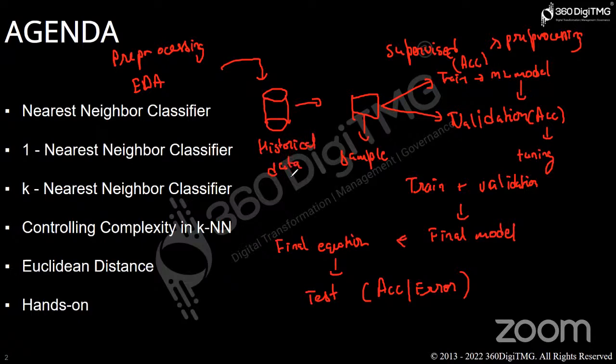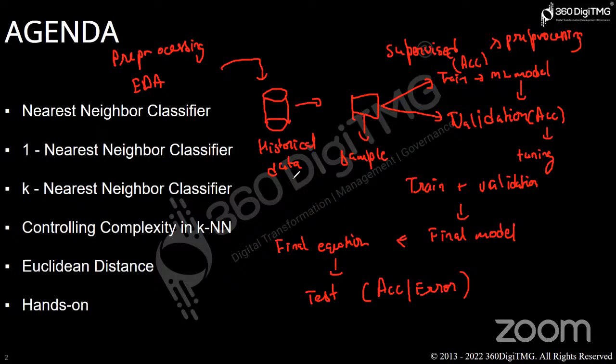Without being able to perform these proper pre-processing steps, we are not able to do anything. If we don't perform the proper steps, then our model will not work. That is something that we always have to keep in mind, because without this, our ML models will not work properly.